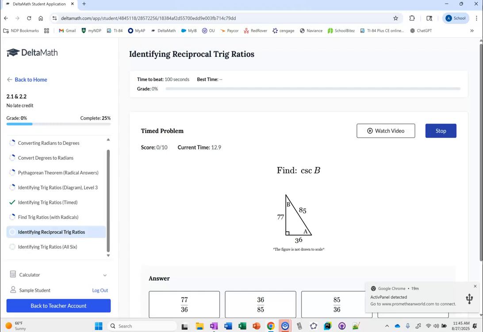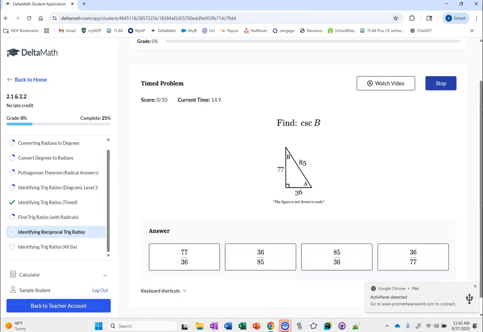So cosecant is hypotenuse over opposite: 85 over 36. Cosecant, hypotenuse over opposite, 58 over 40. Cosecant, hypotenuse over opposite, 80 over 48, and so on. I'm just going to stop this and not grind through the whole thing for you.